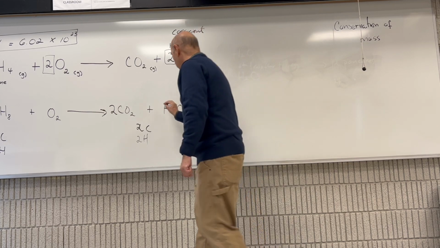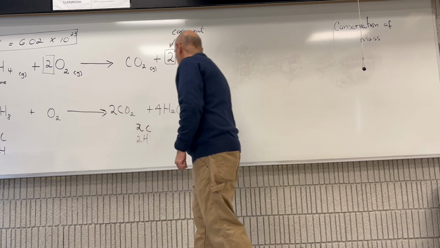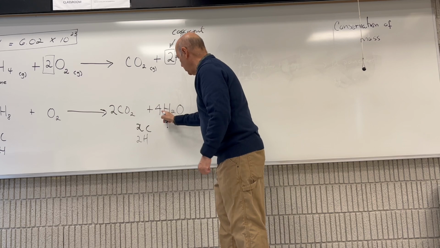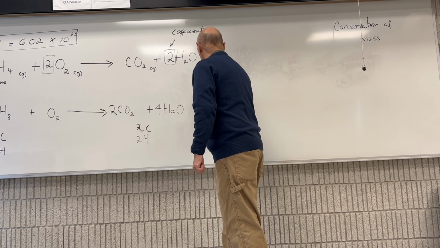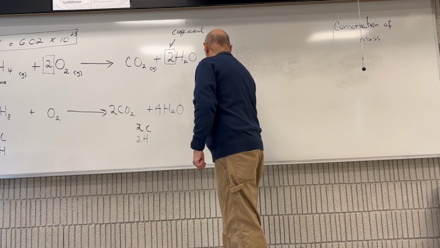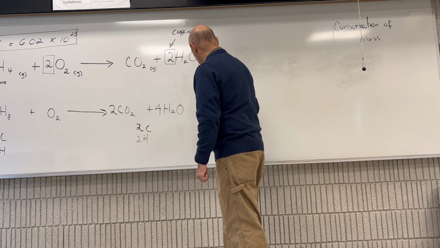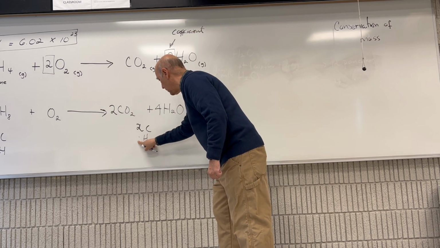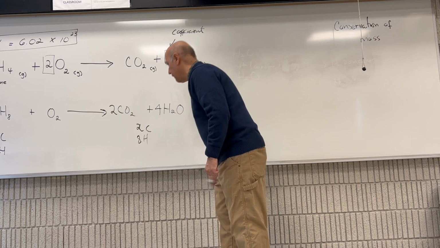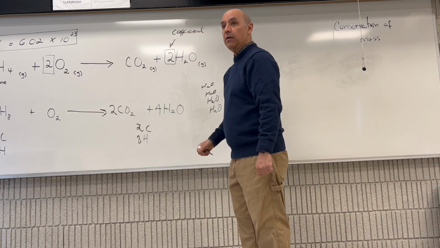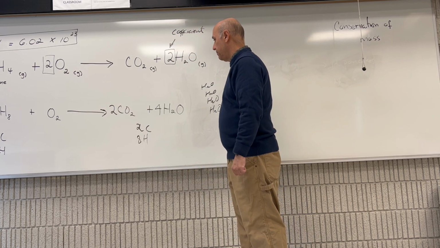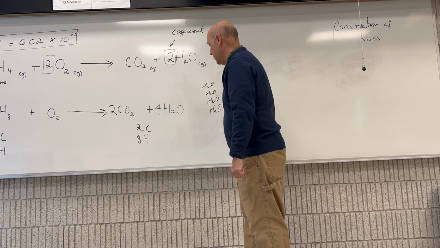We put a 4 in front of it. There's nothing wrong with that. Now we have H2O, H2O, H2O, 4 times. If we add all of the H's here, we get 8 instead of 2, which is the same amount that we have on the other side. And now we have fixed the hydrogen.